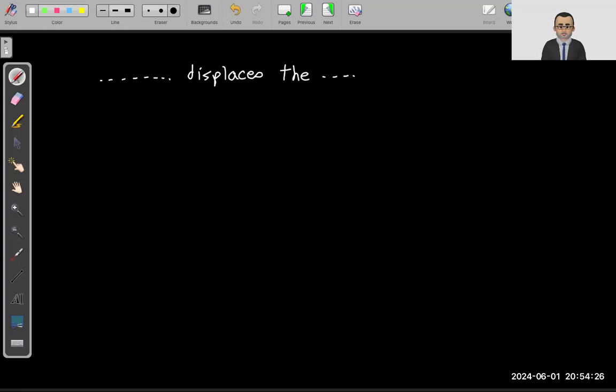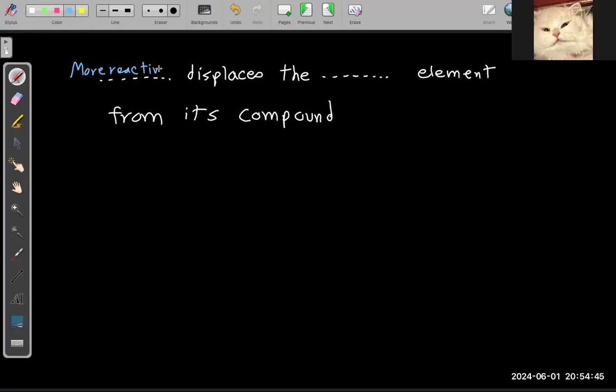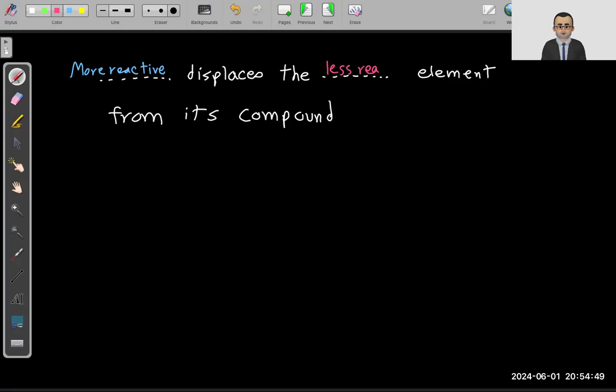Which one displaces which one? The more reactive displaces the less reactive, or the less reactive displaces the more reactive? The more reactive displaces the less reactive element from its compound. Exactly, the less reactive element from its compound.